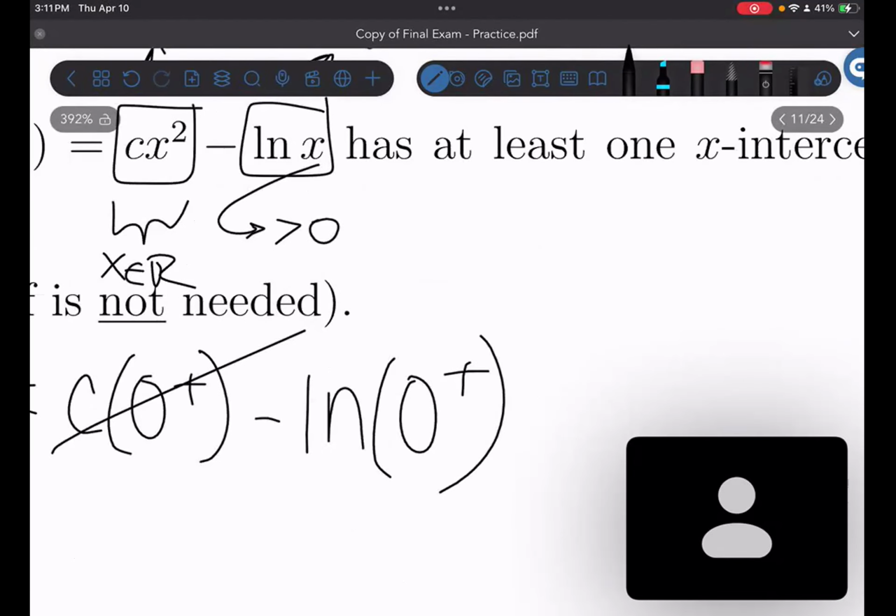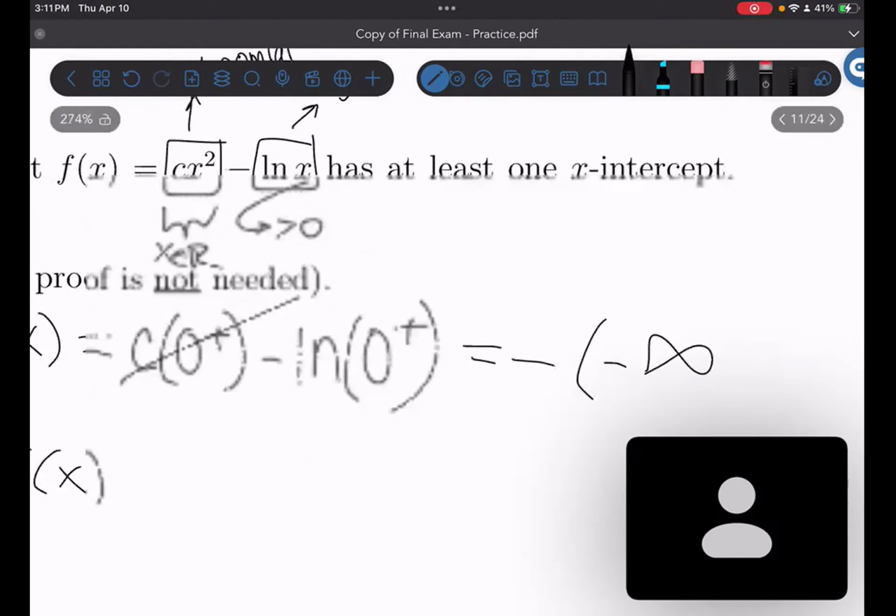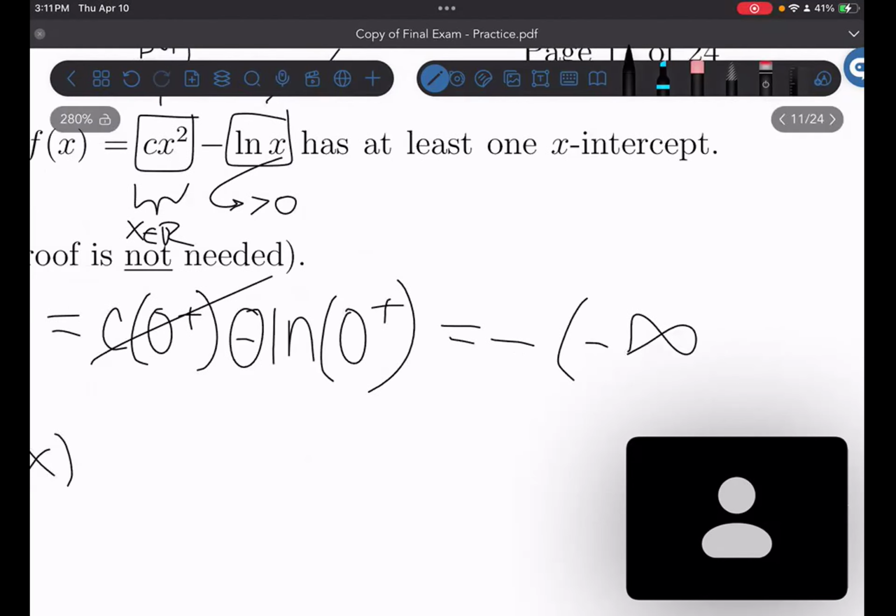For the ln function, if we imagine its graph and approach 0 from the right side, we head deep towards negative infinity. So it will be negative times negative infinity, and that's just infinity.